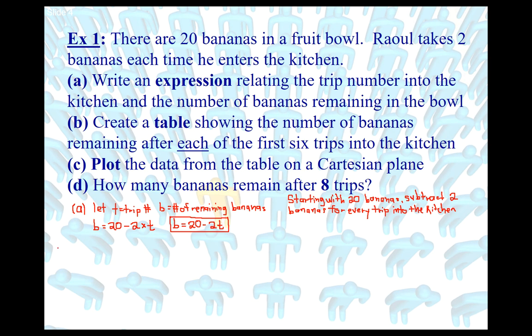Okay, B, it says create a table of values showing the number of bananas remaining after each of the first 6 trips into the kitchen. So we'll do 2 columns. We'll do trip number, and then we'll do number of bananas left.